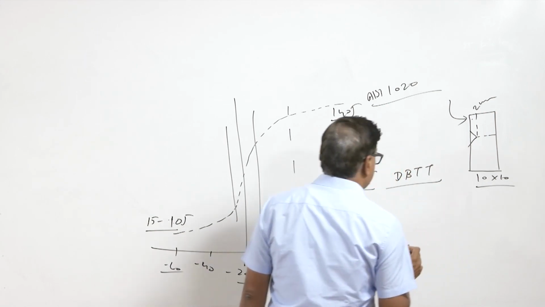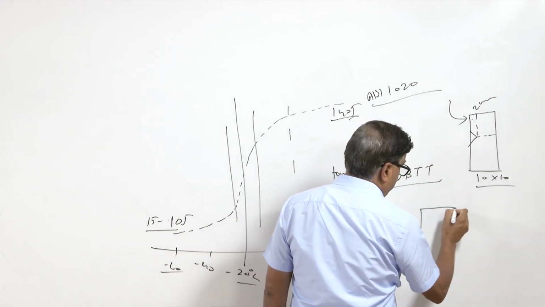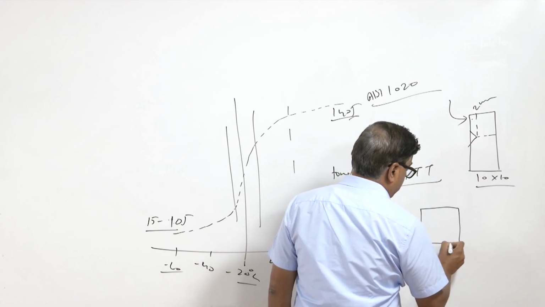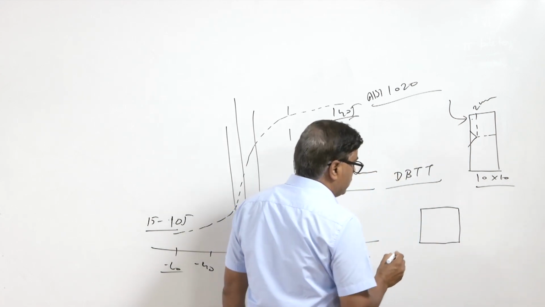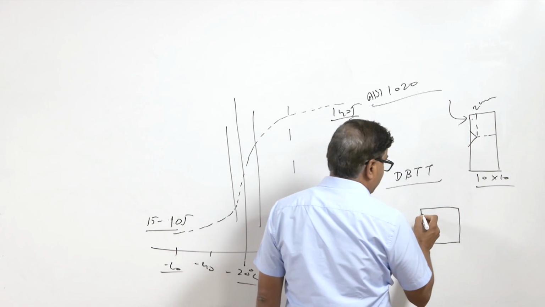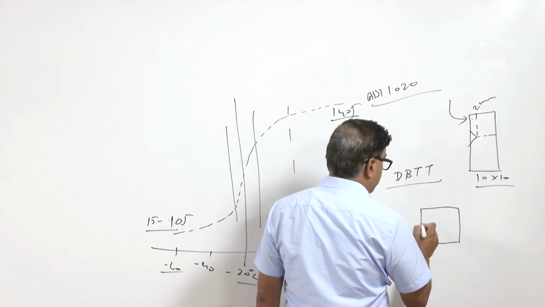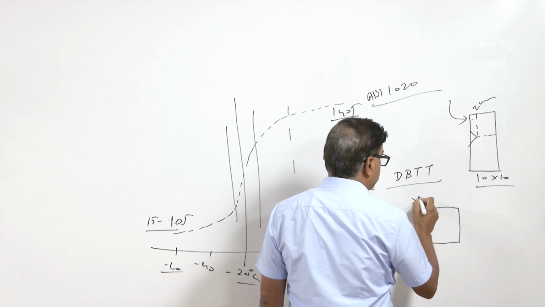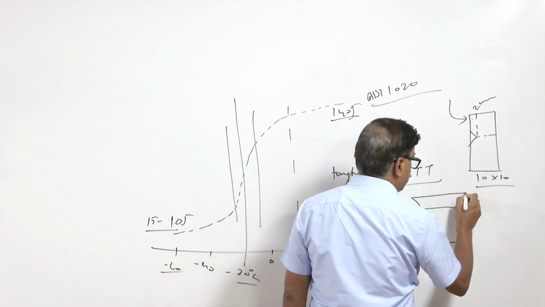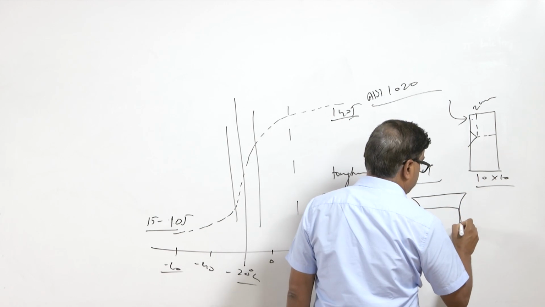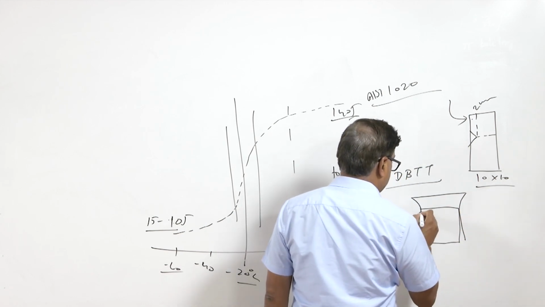So, this is the sample of 10 by 10. In case of the ductile materials, what we see is that there is a significant change in the dimension of the component like this.